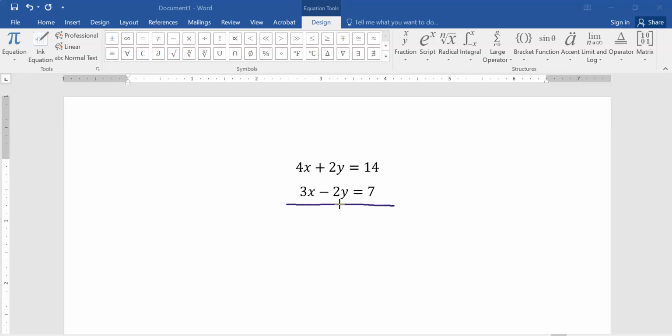We basically either need to have the x terms be opposites or the y terms be opposites. In this case, we have the y terms be opposites. So 4x and 3x add to make 7x. 2y and minus 2y, when you add them up, cancel each other out.